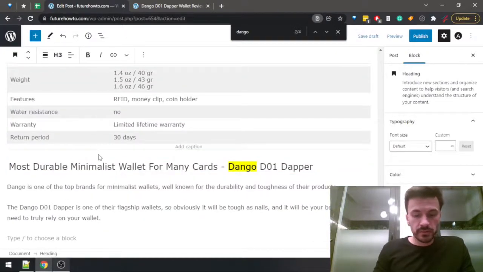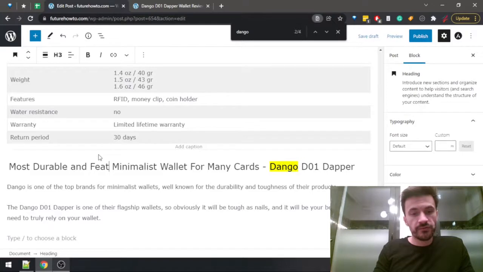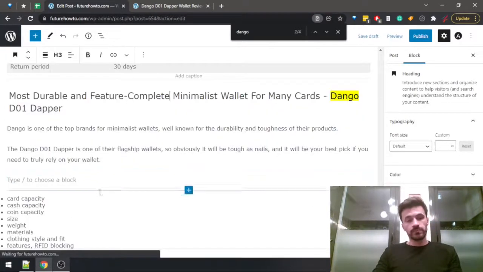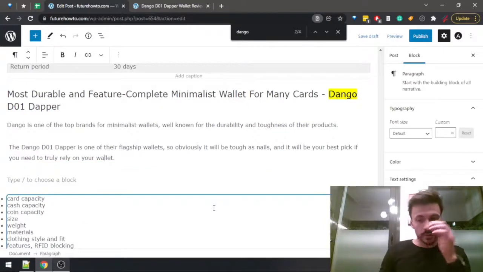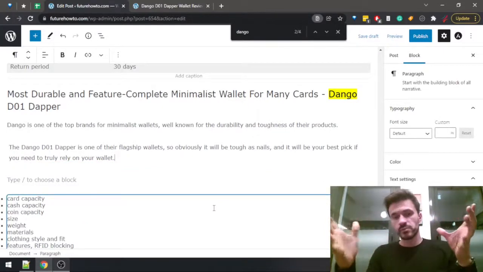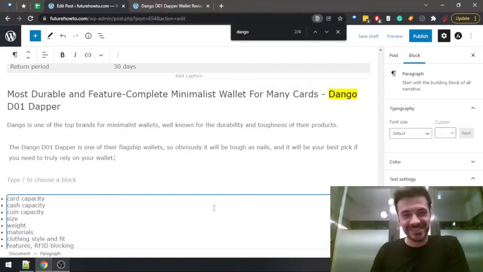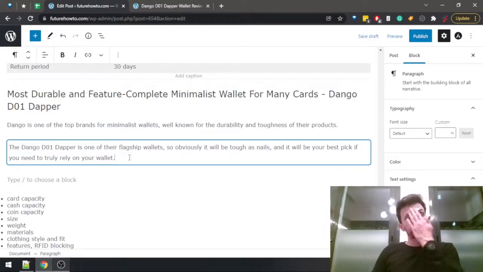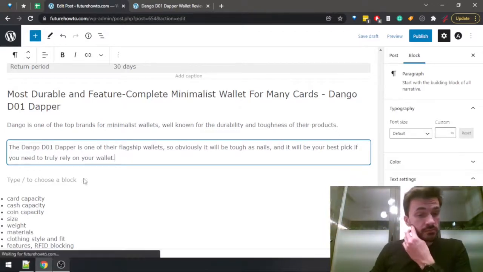Most durable and feature complete. There we go. I like this a lot more. Plus, we're back to an odd number of items, which was my goal all along. So we're back to 7 items. It's going to be good.